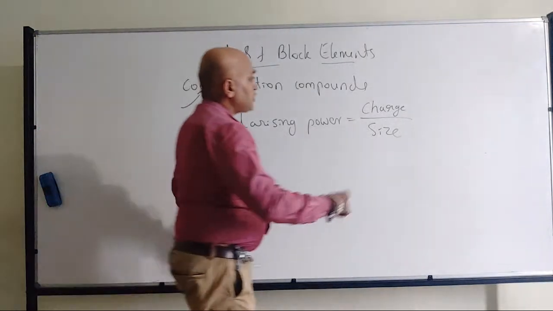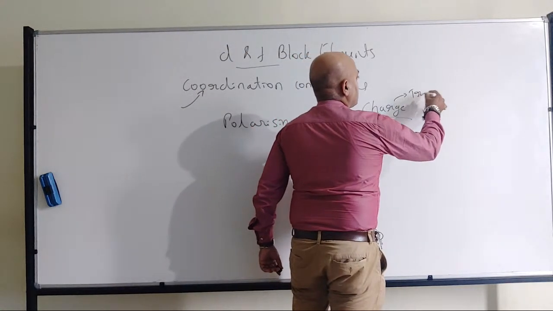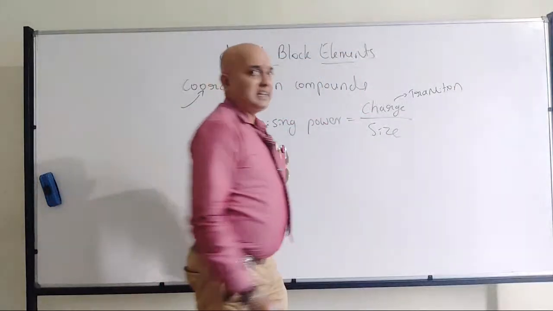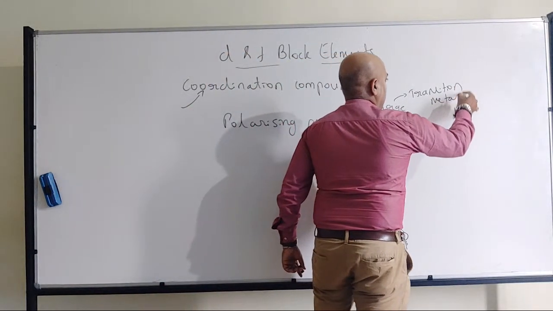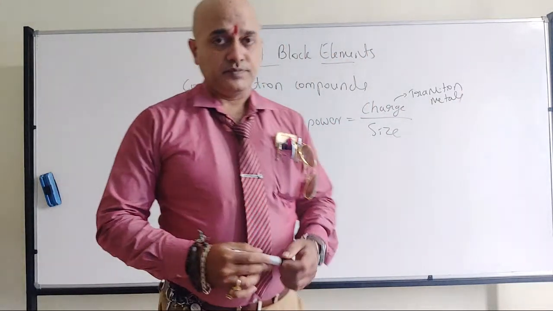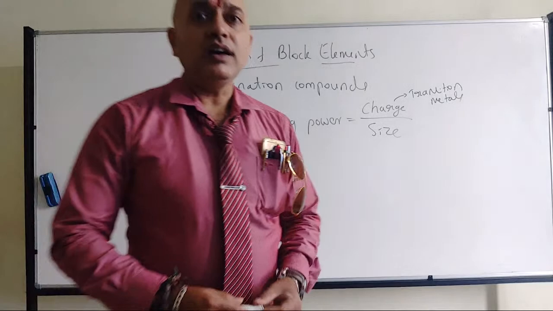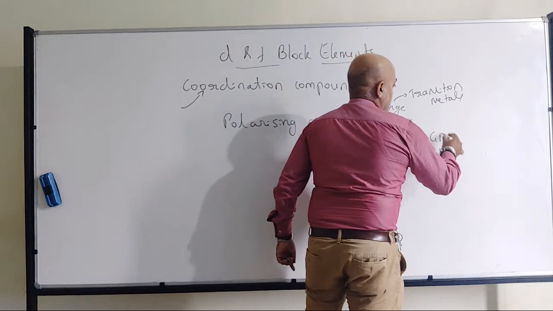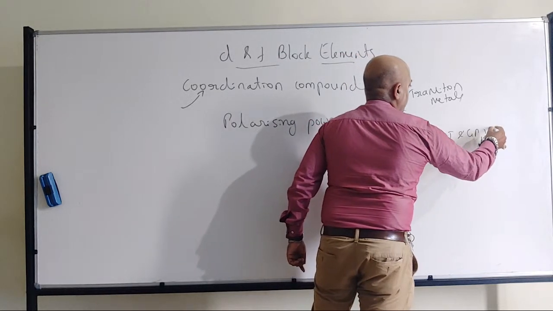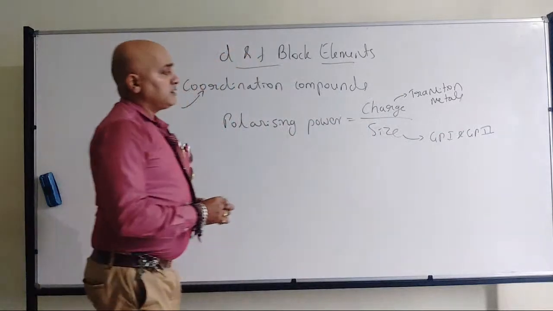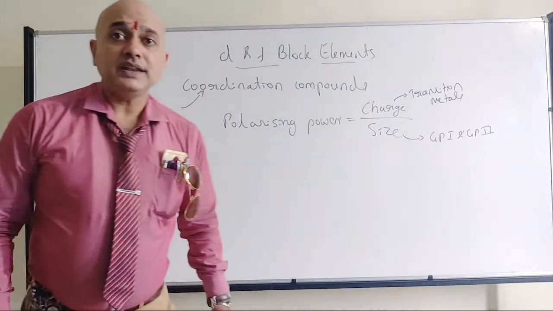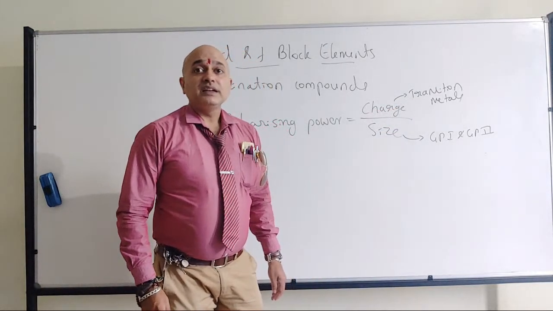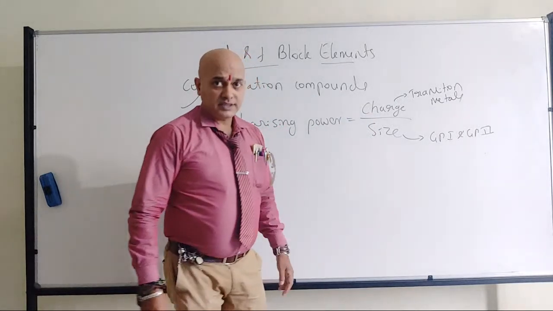When I was talking about charge, transition elements have higher charges compared to alkali or alkaline earth metals. When it comes to size, group 1 and group 2 dominate. That means transition metals will have the larger value with respect to the charge.